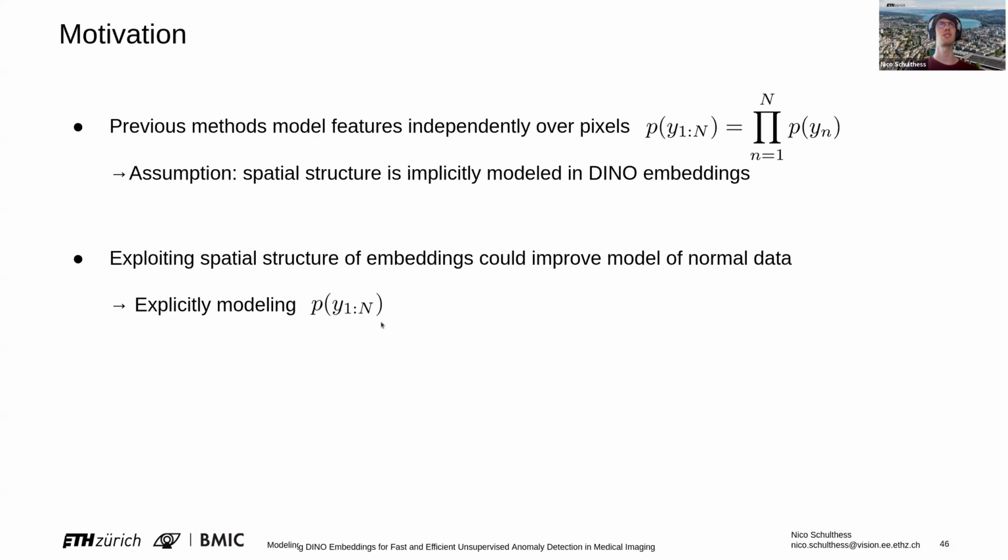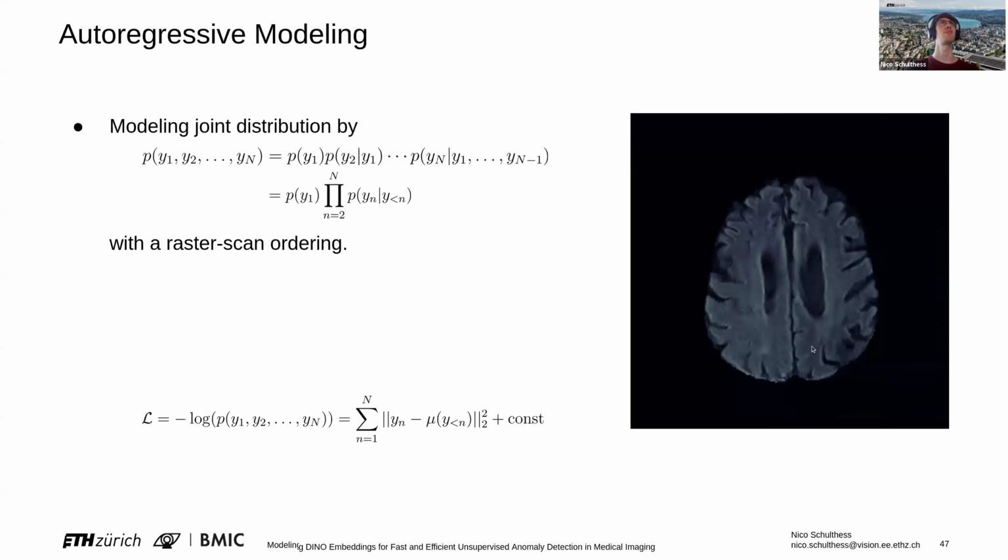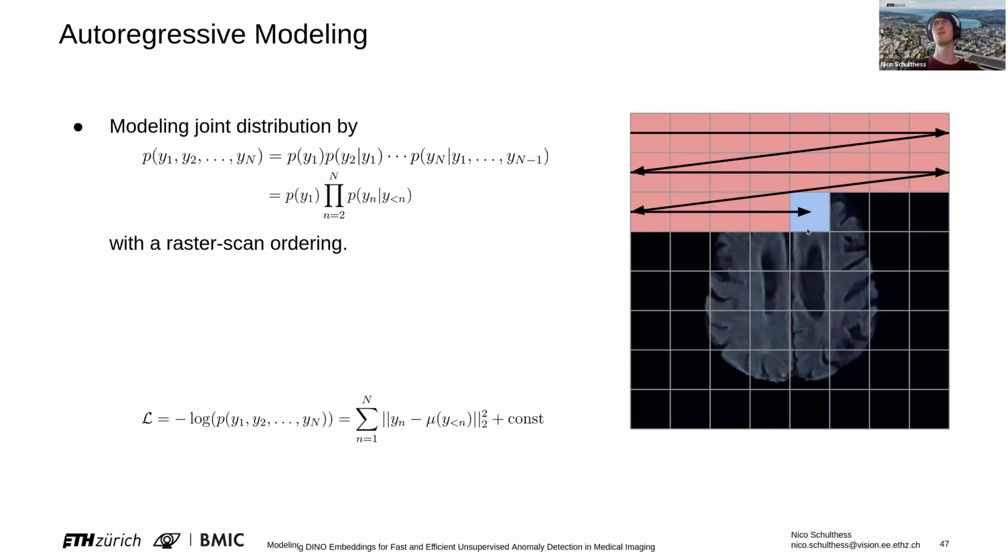So our aim was to explicitly model the joint distribution of all the pixels more or less together. And for this, we model the joint distribution by factorizing it depending on the previous pixels in the raster scan ordering. So when you draw this in this patch grid, the probability of the patch in blue would depend only on the ones that it has seen previously, in this raster scan from top left to top right, and then one row down, and so on.